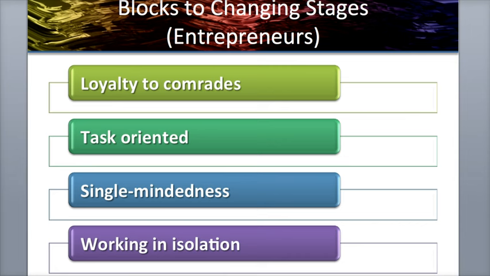This is going to block your need for change. Single-mindedness, where you have one particular idea about the company or product, and that's all you focus on. You really can't see the broader picture. Or working in isolation, where you don't really get any additional information or support from peers about what's really happening beyond what you're working on.